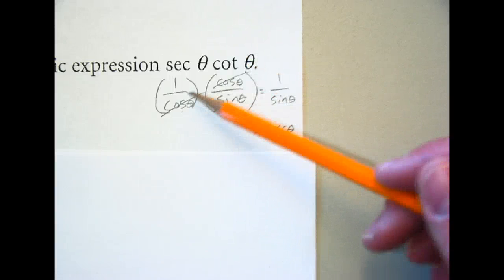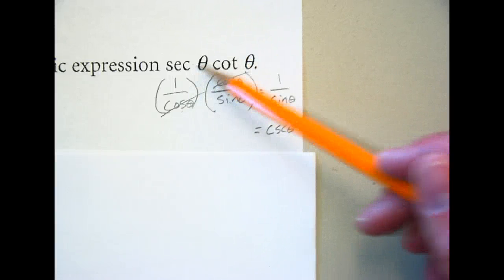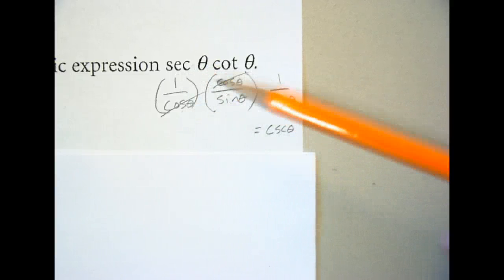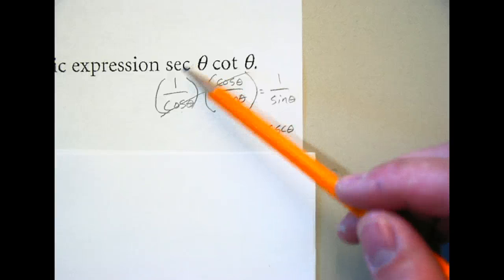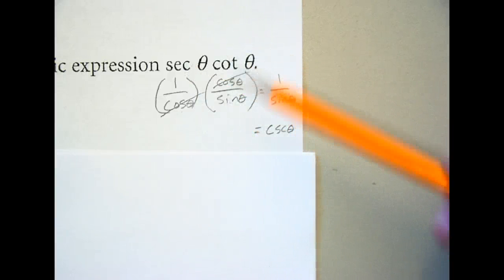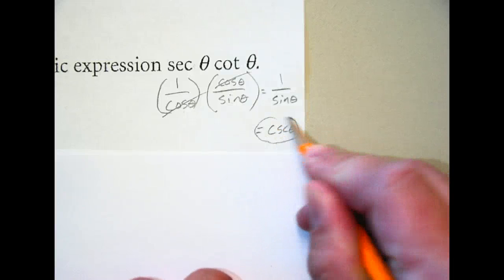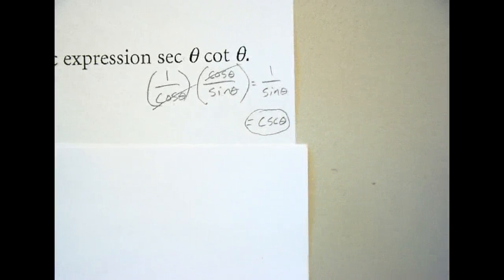In that case, you don't end up with a single trig function. When I say that, I mean a single word: secant, cotangent, cosine, cosecant. That's what we're trying to get to, or a single number. Okay? How many think you got it? All right. Let's move on.